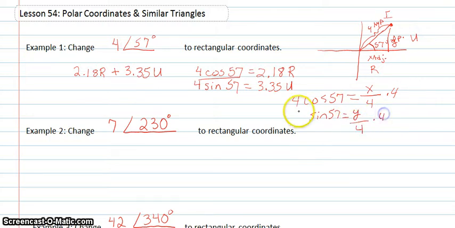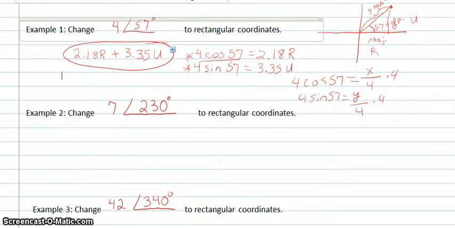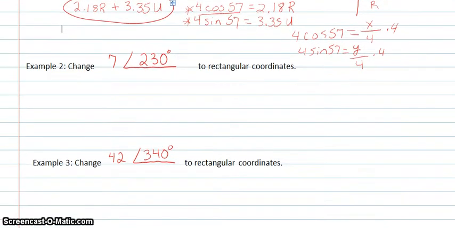So again, I just multiply by 4. Okay, so I just go to that standard format every time. It's the hypotenuse times cosine of the angle for your x value, which is either right or left, and then the hypotenuse times sine of your angle for your up and down or y value. Or they have the u next to it to represent that in the Saxon book. And you will see that in other formats later.